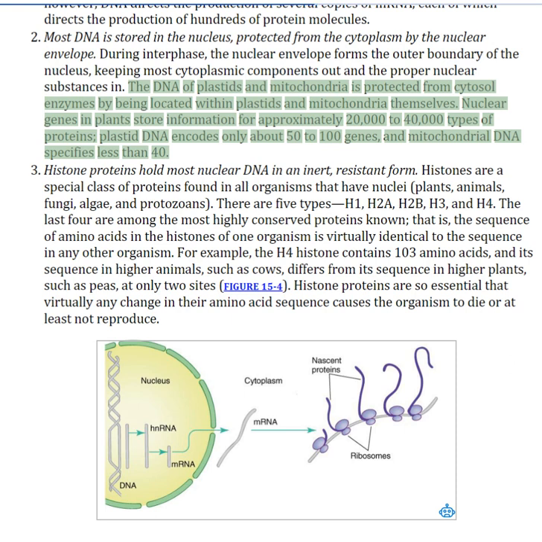The DNA of plastids and mitochondria is protected from cytosol enzymes by being located within plastids and mitochondria themselves. Nuclear genes in plants store information for approximately 20,000 to 40,000 types of proteins. Plastid DNA encodes only about 50 to 100 genes, and mitochondrial DNA specifies less than 40.